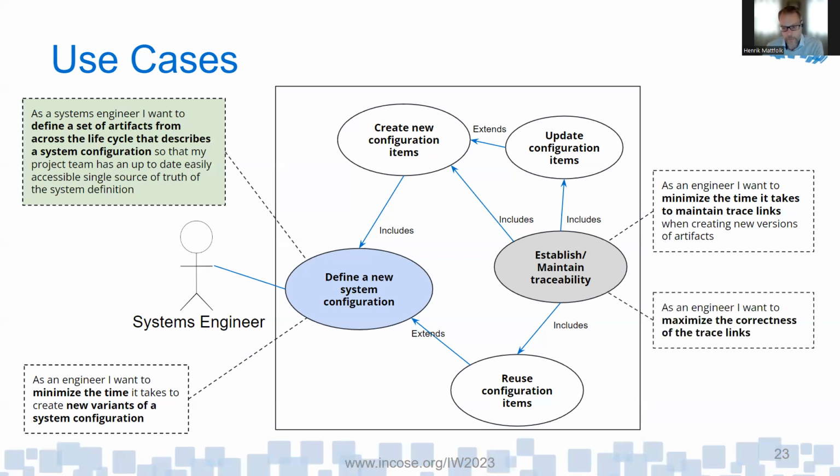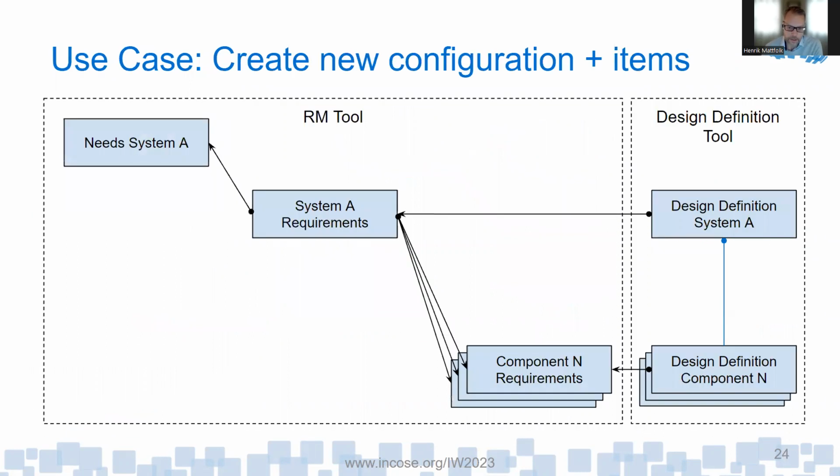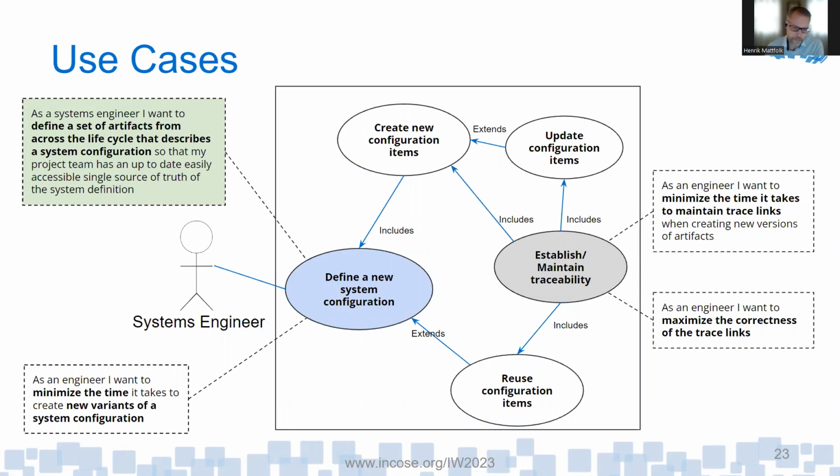But maybe even more important, we want to maximize the correctness of the trace links. We don't want trace links to be a little bit neglected, so that it erodes the trust in the trace links. Probably no one looked at that, so I won't be able to trust it. We really want those links to be correct so people can use them for something useful. So I'm going to get into this use case here that invokes these three.